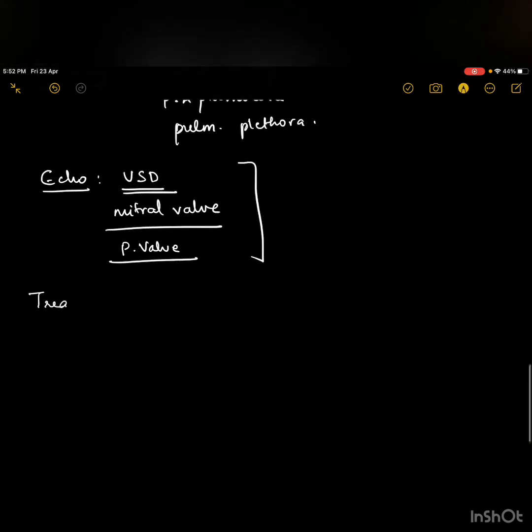Coming to treatment of VSD, again, medical and surgical modalities are available. Now, this treatment will be based on both symptoms as well as the size of the VSD. If the VSD is small, that is less than 0.5, there is more chance of it resolving on its own.